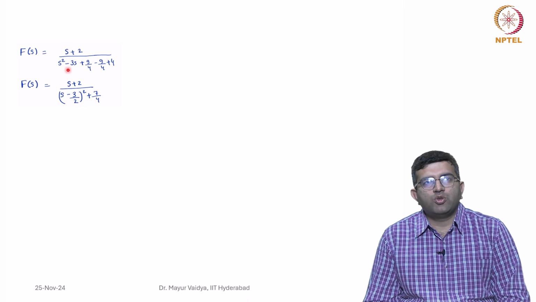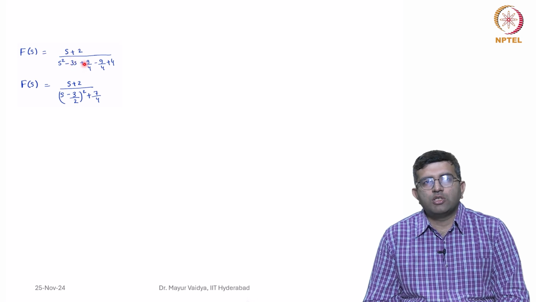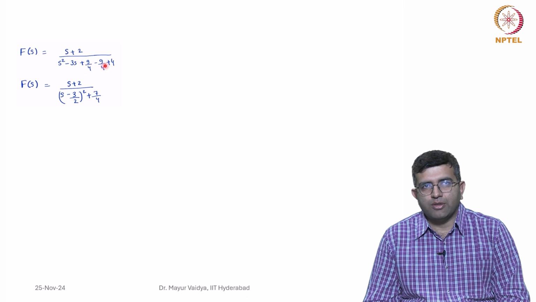So what we need to do is, here you see s square minus 3s. So basically this divided by 2 and the whole square of this. So 3 by 2, the whole square of 3 by 2 is 9 by 4. So I add 9 by 4 and subtract 9 by 4 in the denominator. Why we do it will be clear in the next step.